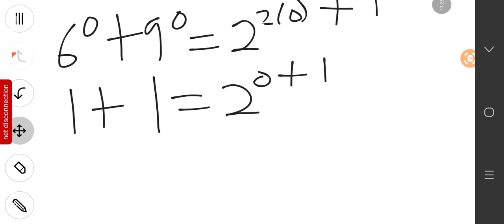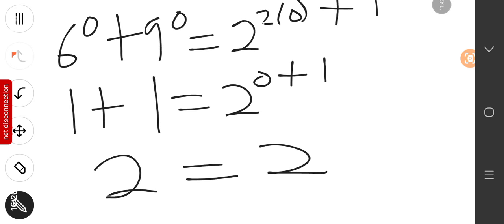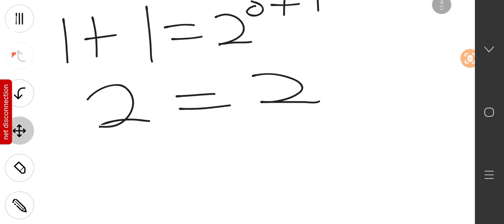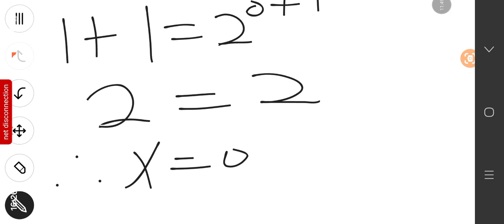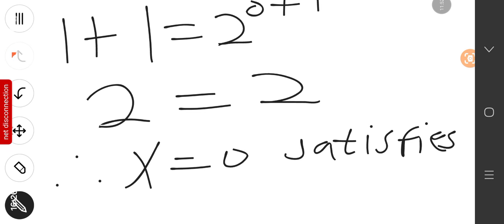So we are going to have 2 = 2. So that means x = 0 satisfies the equation.